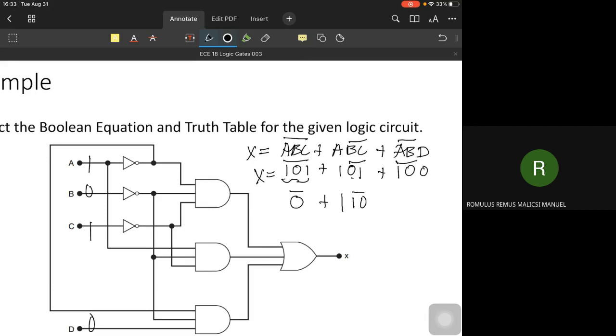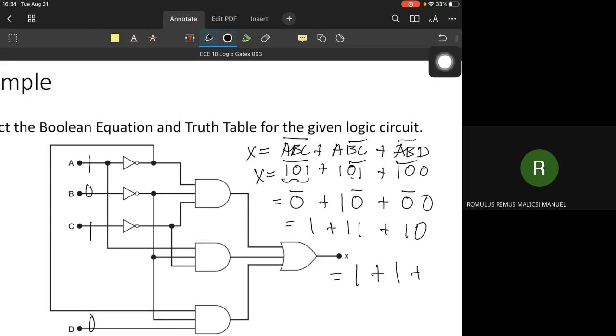Pwede 1 0 ana. One, 1 0. 1 and 1 1. 1 and 0. 0. Dahil lagi 1 lagi mo gawas.